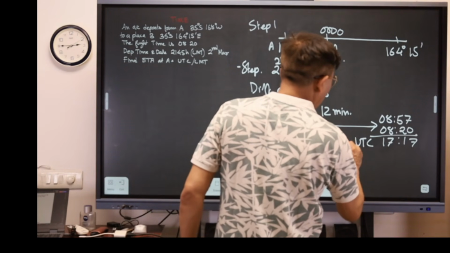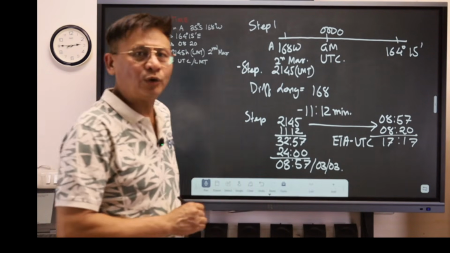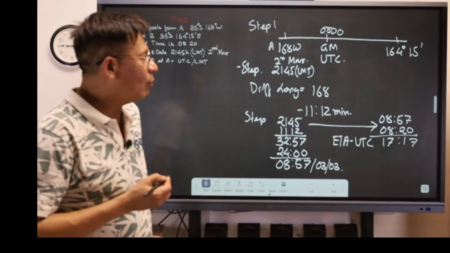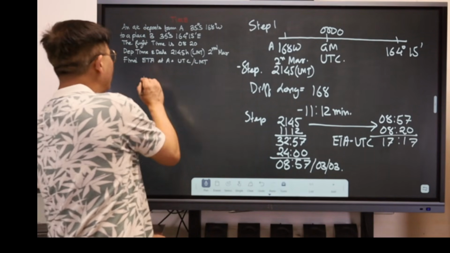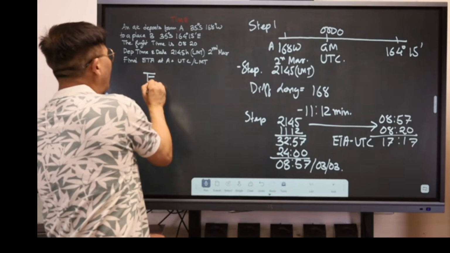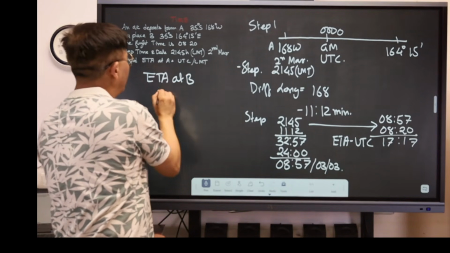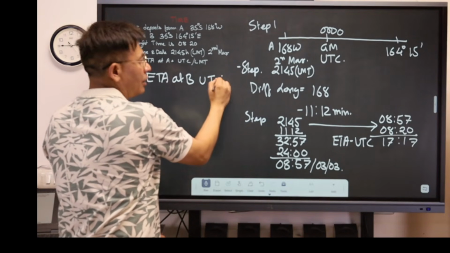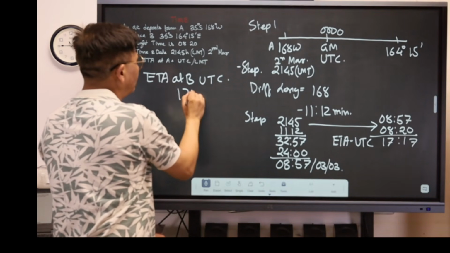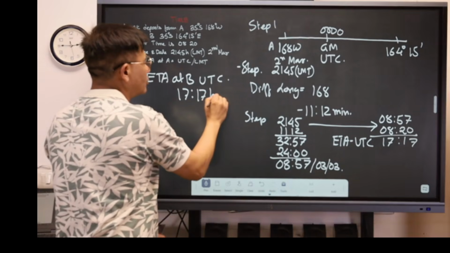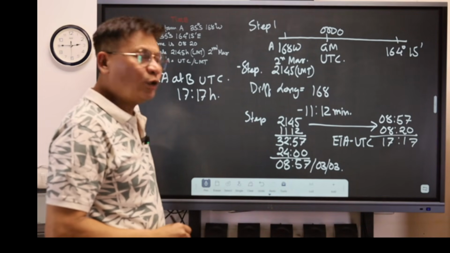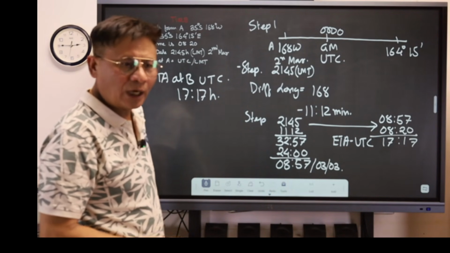ETA at B in UTC will be 1717. So now I've got one answer. The ETA at B in UTC is 1717 hours.